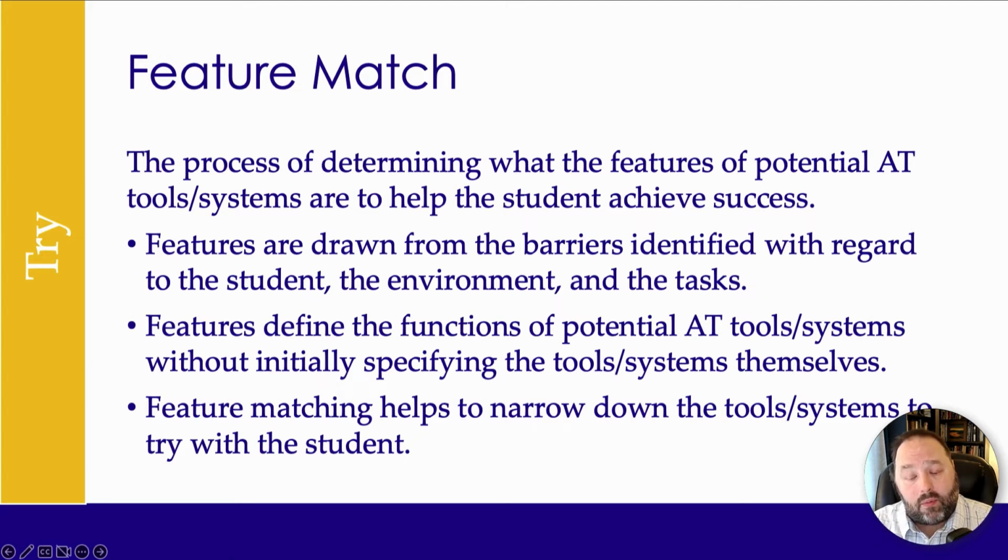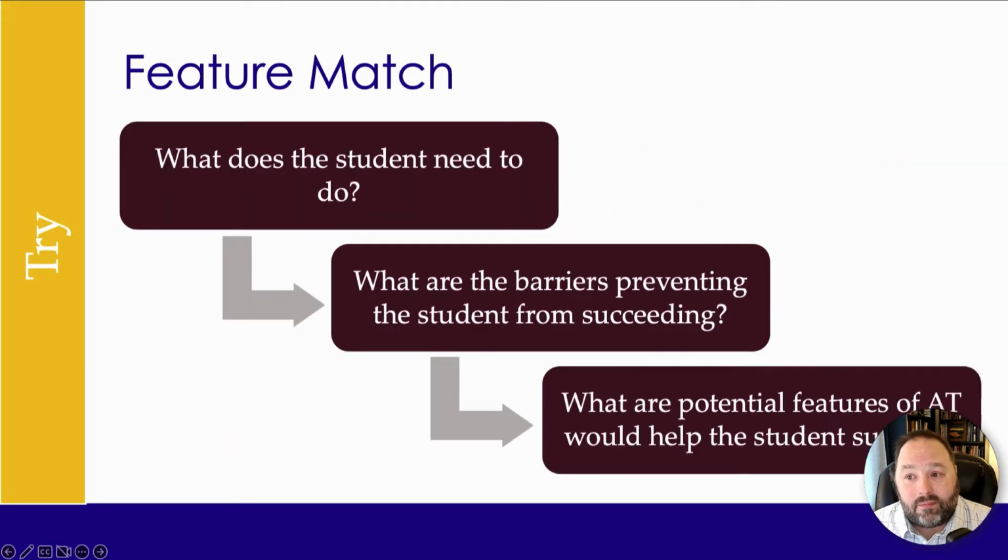And then we go through a process of understanding why the student is having difficulty on those activities and tasks that he or she needs to accomplish. We do that by identifying barriers related to the student, related to the environment, and related to the tasks. We can then turn those barriers and those needs into potential feature statements and then use them to, in essence, go shopping for potential assistive technology solutions.